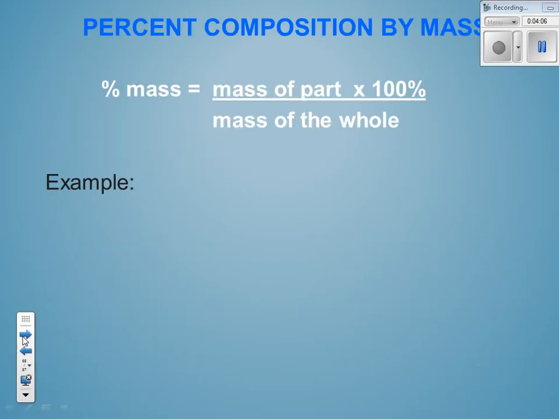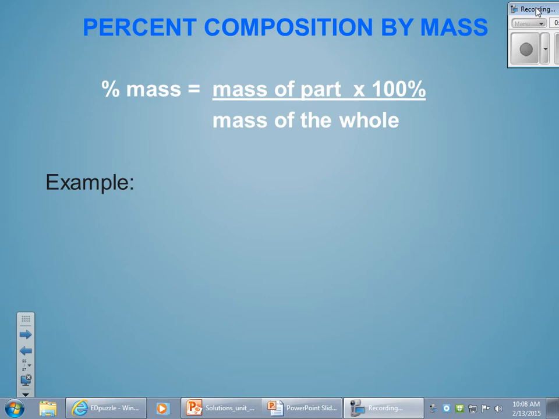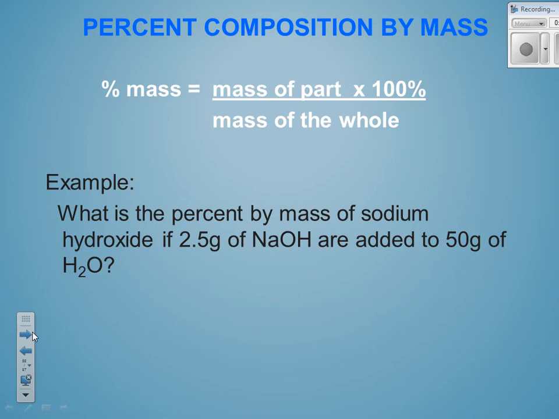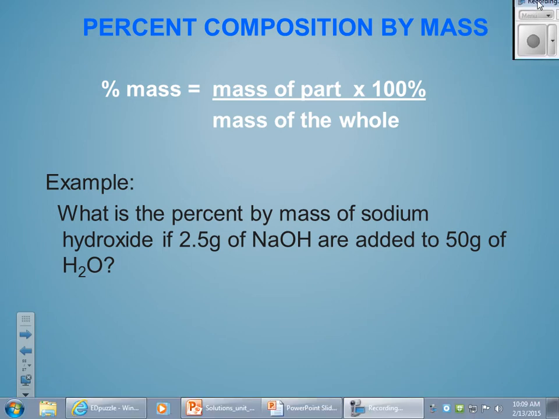Another equation we're going to be looking at is percent by mass. We've already looked at this before. Here we might be talking about trying to figure out what's the percent by mass within a solution. What's the percent by mass of sodium hydroxide if 2.5 grams are added to 50 grams of water? When we talk about percent by mass, we say part over whole. Remember that a solution contains a solute and the solvent, so we're going to add the solute to the solvent to get the whole.